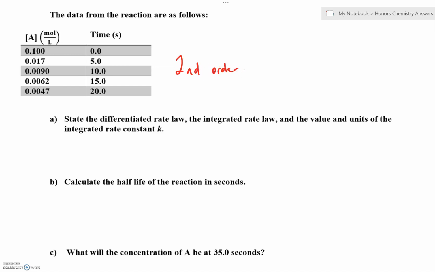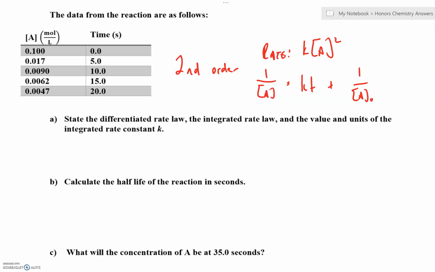So when it says differentiated rate law, that's going to be this one. Rate is equal to K times A raised to the second power. And the integrated rate law will look like this. The concentration of A is equal to KT plus the inverse of A at time 0.